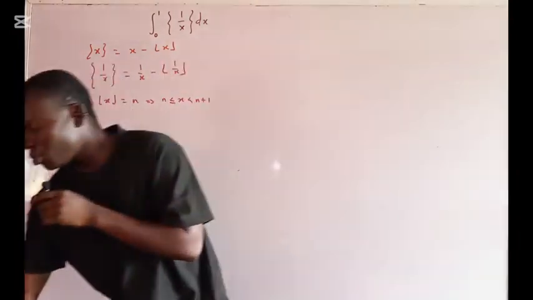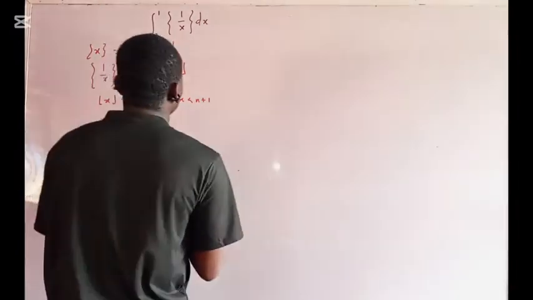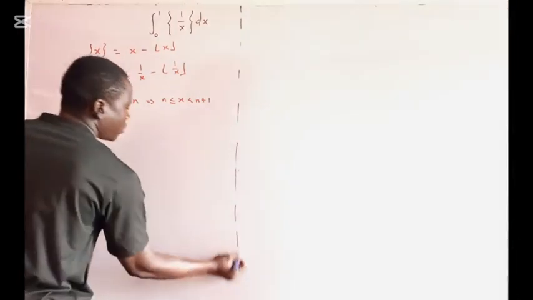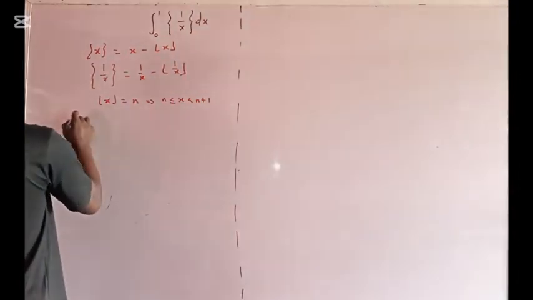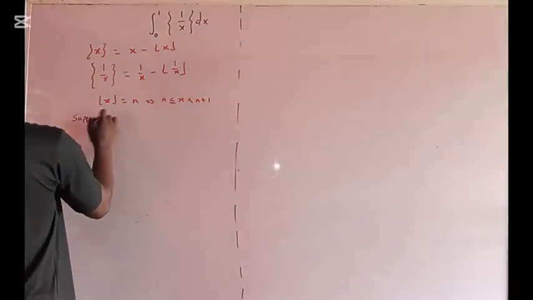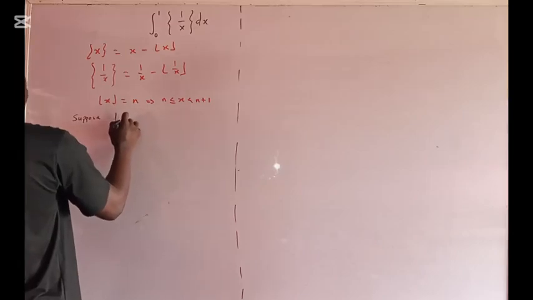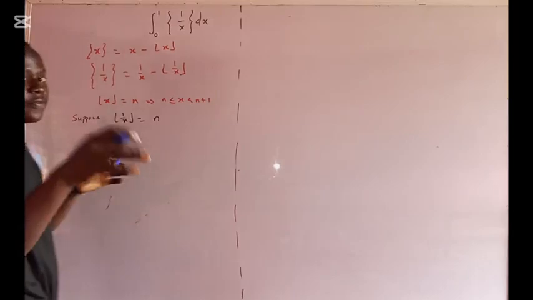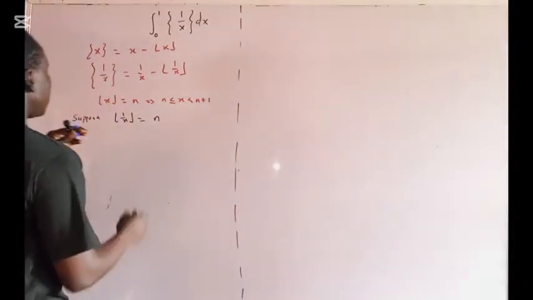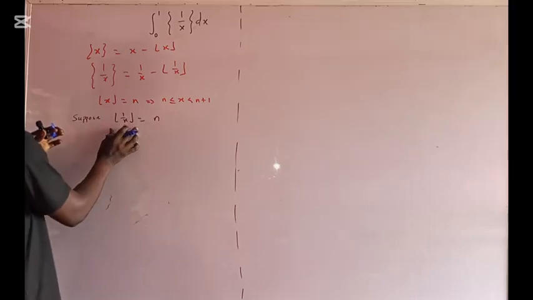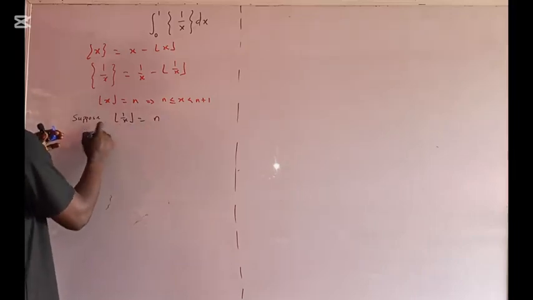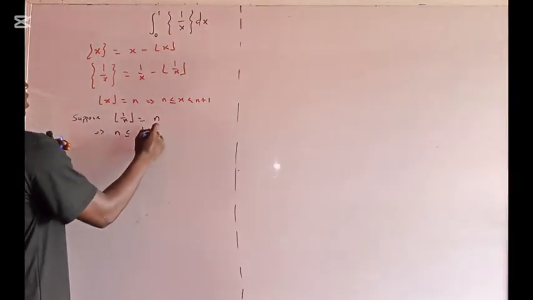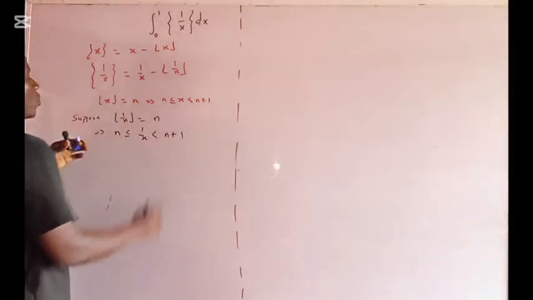For us to be able to solve this problem, let me partition the board. Suppose the floor function of 1 over x is equal to n. Then this implies that n is less than or equal to 1 over x, then less than n plus 1.